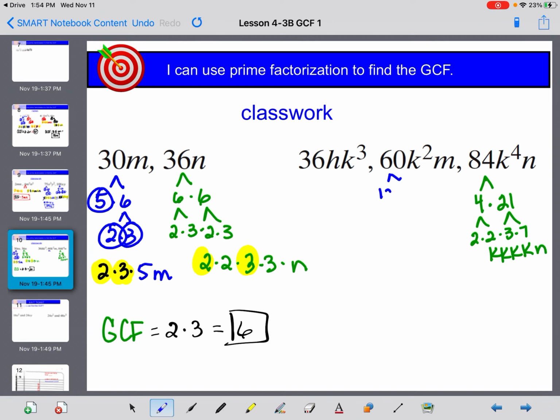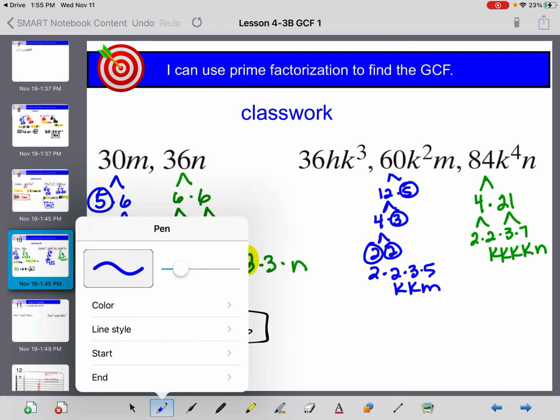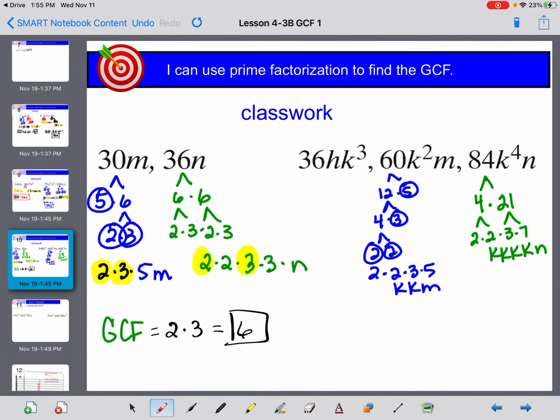I had to kind of squeeze that in there. 12 times 5, 4 times 3, 2 times 2, and I end up with 2 times 2 times 3 times 5, and then there's k, k, m. Last one, 6 times 6, 2 times 3, 2 times 3, that's prime. So you've got 2 times 2 times 3 times 3, and then there's an h, and then 3 k's.